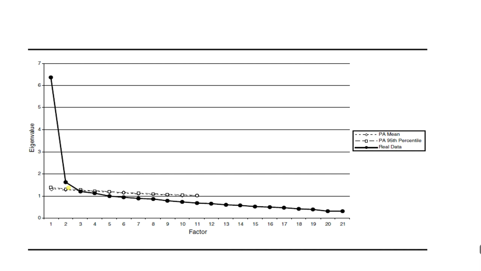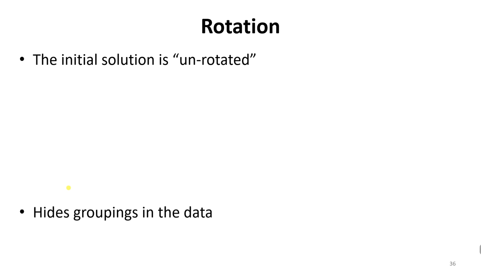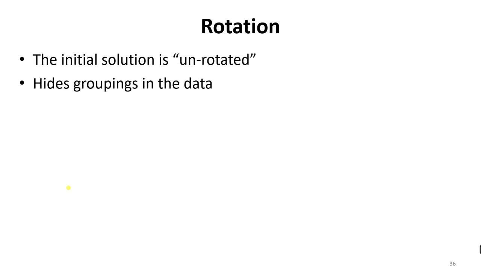Once we have decided the number of factors, the factors extracted are the unrotated factors, which are really very difficult to interpret. So the initial solution is called unrotated factor solution or unrotated factor structure. And the groupings, the clusters, the factors are basically hidden in this unrotated factor.